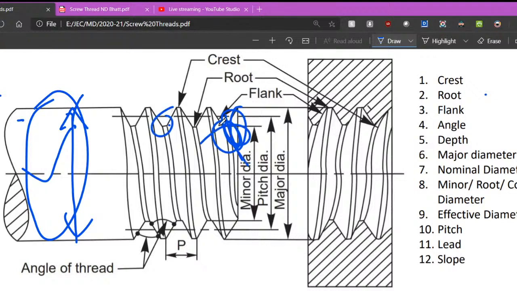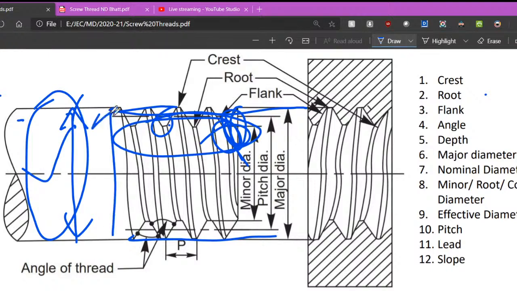So the material deforms on the surface of the cylinder bar, and there is a chance that the crest will cross the bar diameter. So that's why generally the major diameter is somewhat greater than the nominal diameter, that is the diameter of the cylinder bar on which we are cutting the screw threads.